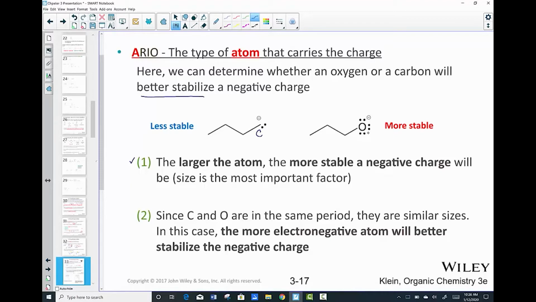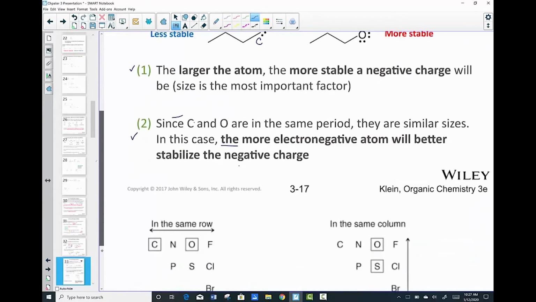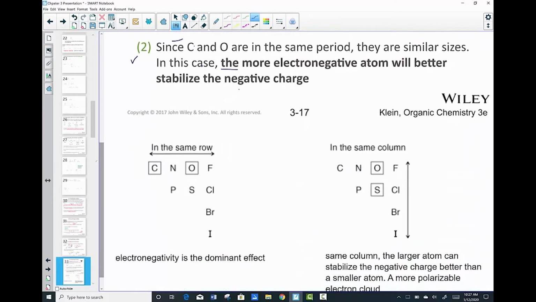So in that case, we defer to a second way of determining who stabilizes the negative charge a little bit better than the other, and that goes by its electronegativity. The more electronegative atom will be better at stabilizing the negative charge. Now, just visually on our periodic table, we had mentioned that carbon and oxygen were in the same row.